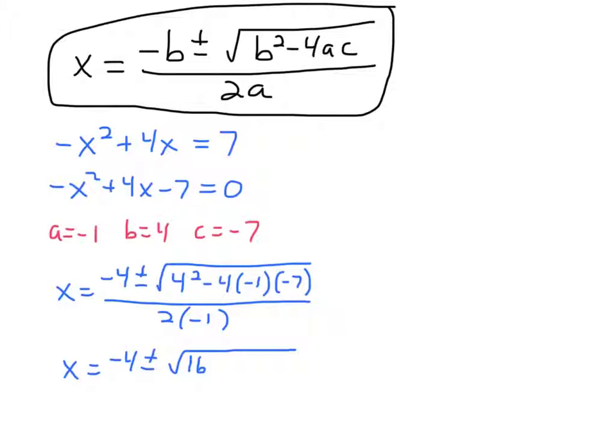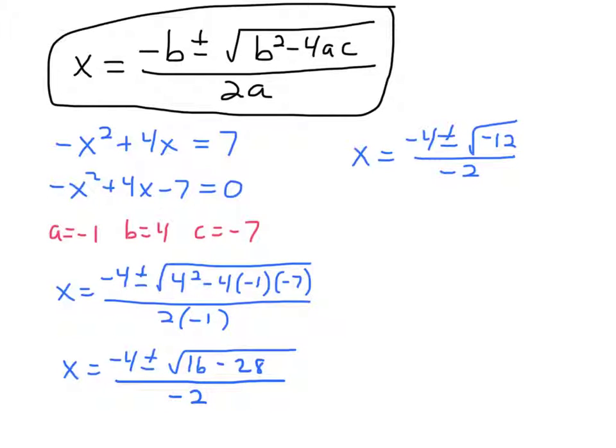So it's going to be minus 28. So we have 16 minus 28 under the square root, and then that's all over negative 2. So continuing to simplify that down, under the square root we get negative 12.